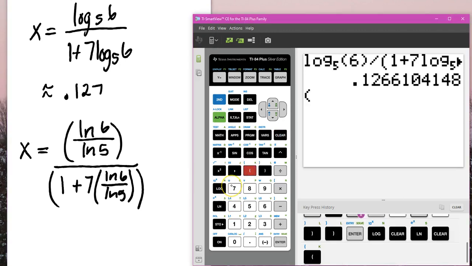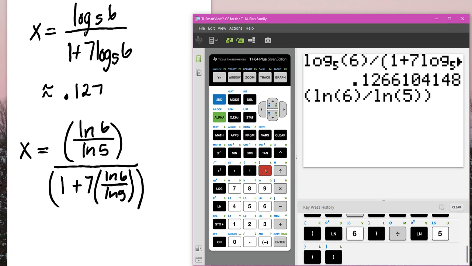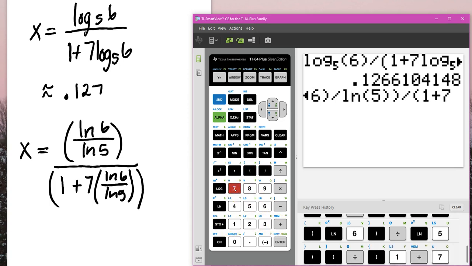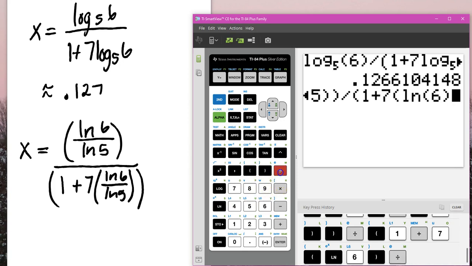So in the numerator, I have natural log 6 divided by natural log 5, and that's my whole numerator. Then I'm going to divide, open parentheses for the denominator, and I have 1 plus 7, do parentheses, natural log 6, close parentheses, divided by natural log 5, close parentheses.